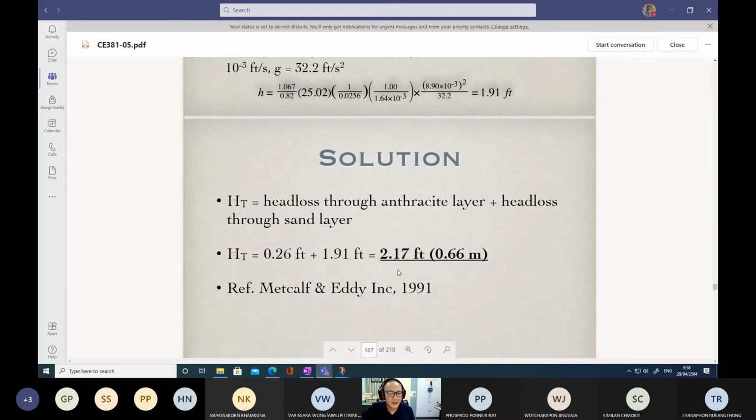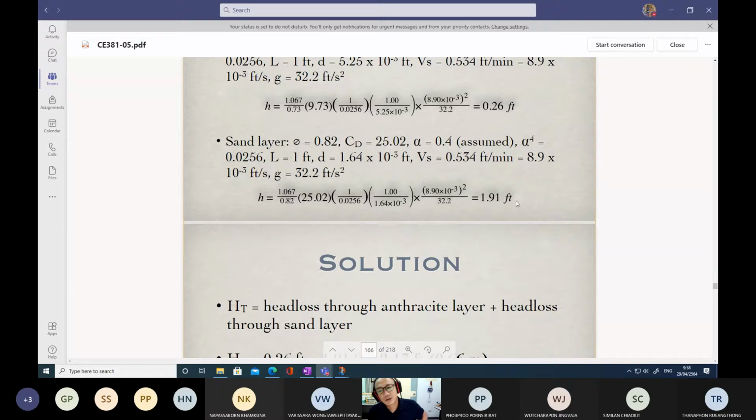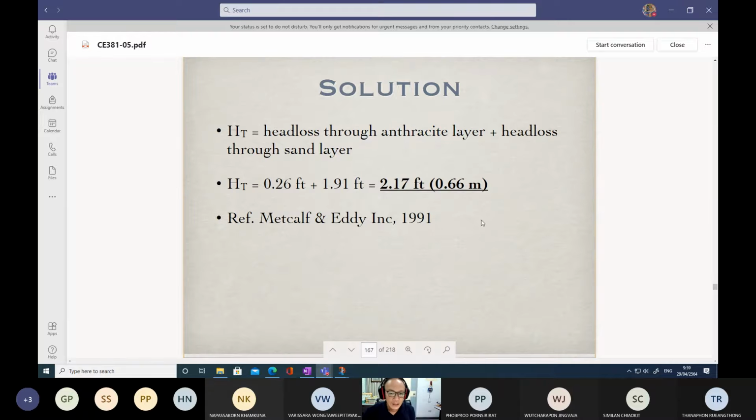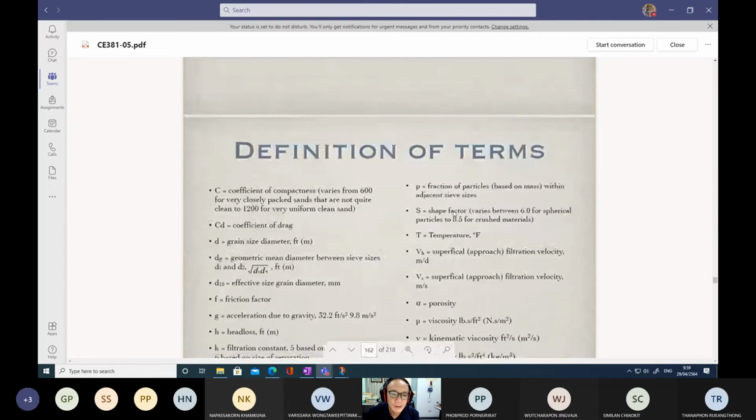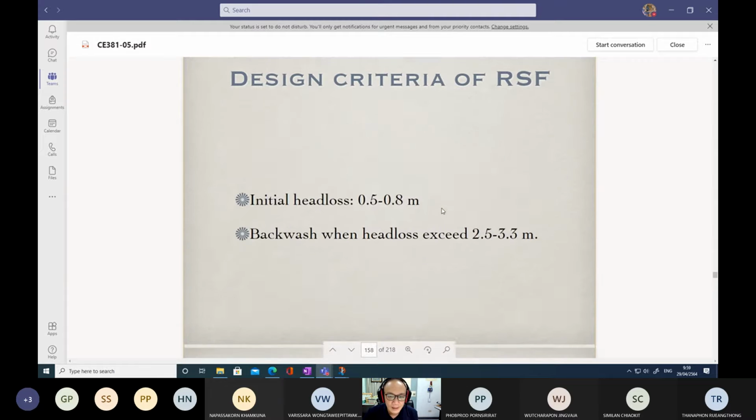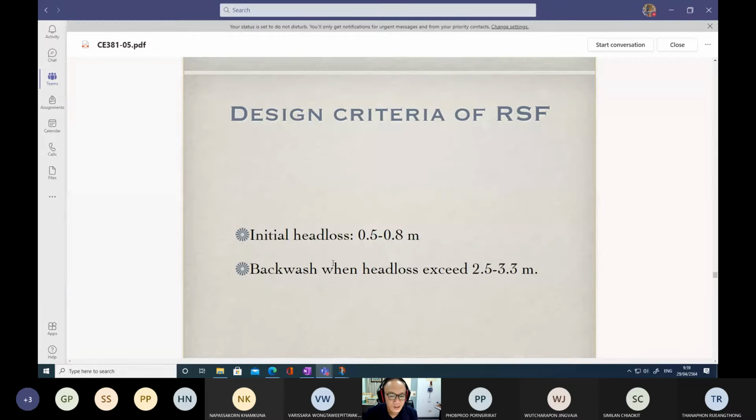The initial head loss is equivalent to the combination of these two, since we have two types of media, or we call it dual media. The initial loss is approximately 0.66 meters. If you compare with the typical design criteria, the initial head loss is in between 0.5 to 0.8 meters.